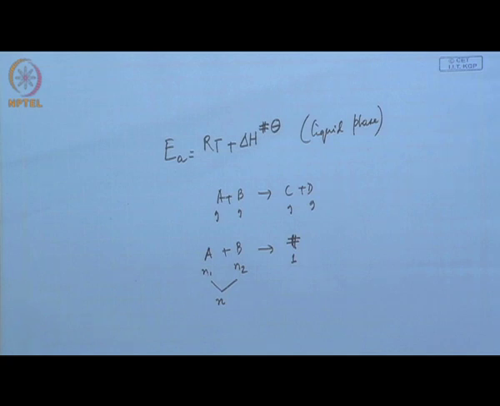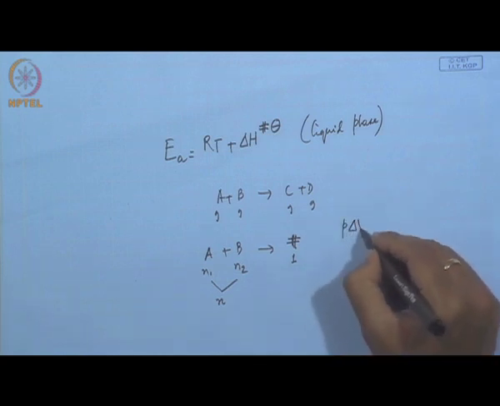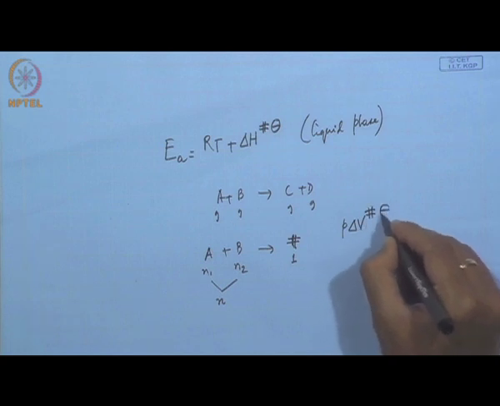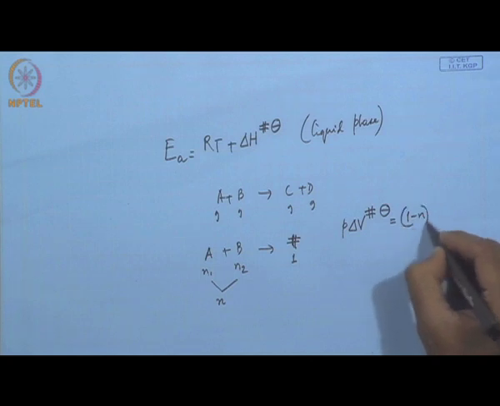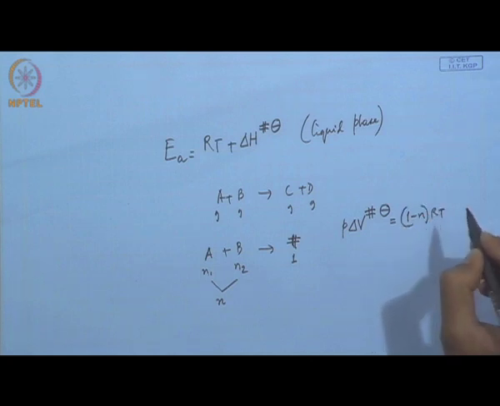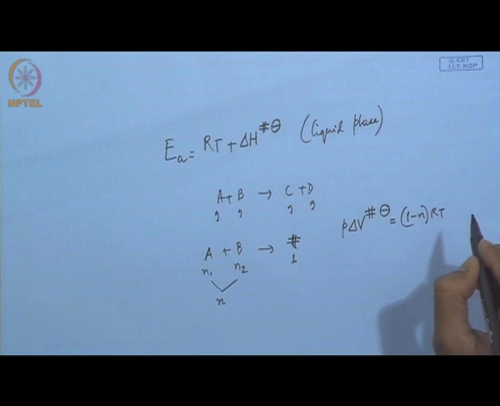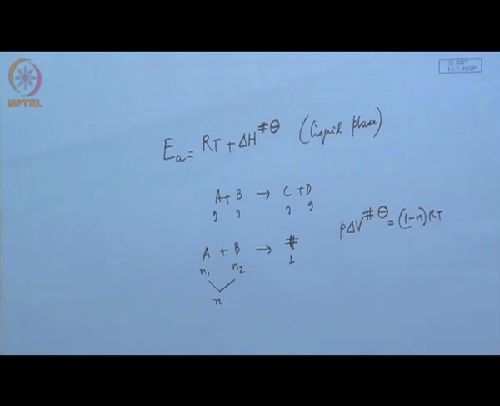Okay. So, for the gas phase reaction, the PΔV‡0 term will be equal to (1 minus N) into RT. That is, at a given temperature PV is equal to nRT. That is what you have to use.